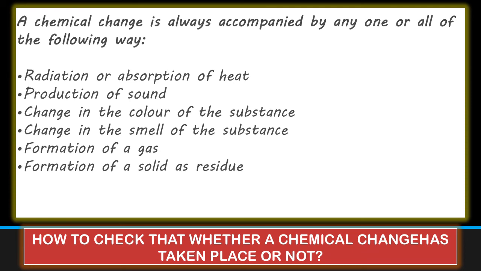The first one is radiation or absorption of heat. Then production of sound, change in the color of the substance or change in the smell of the substance. Also formation of a gas and formation of a solid as residue. These are some of the indications through which you can check whether a chemical change has taken place or not.